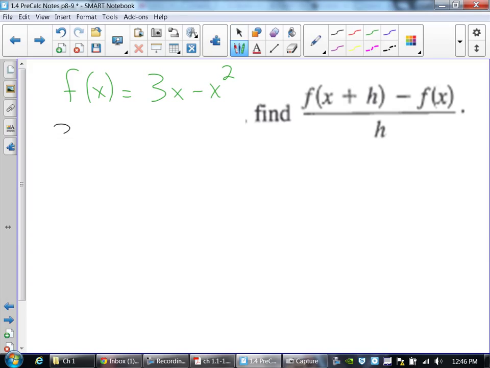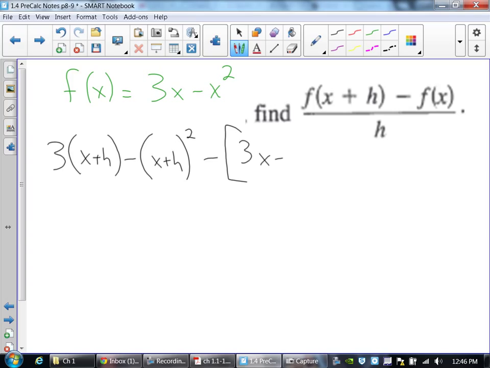So we have 3 times x plus h minus x plus h quantity squared. That's the first part. Then I have to subtract 3x minus x squared.